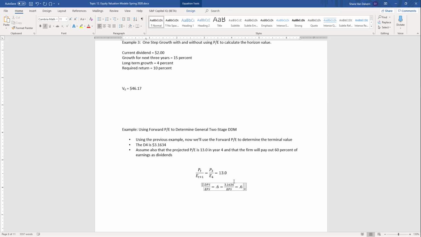So to find the earnings per share, we're going to multiply both sides by EPS and divide both sides by 0.6.